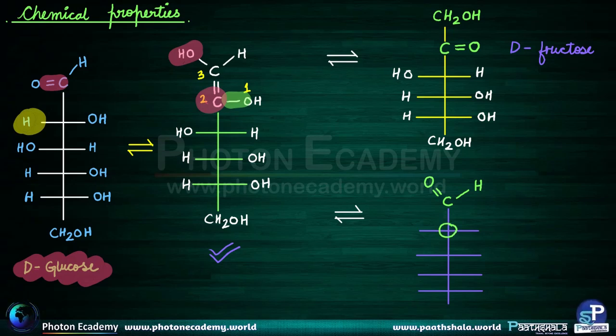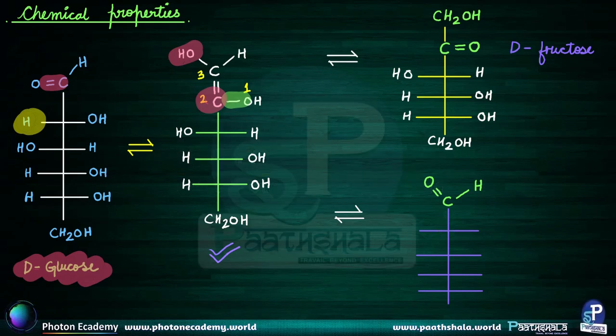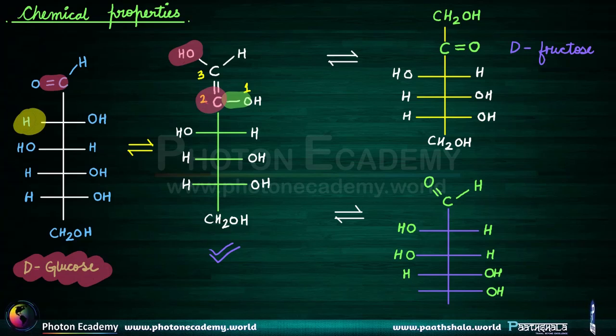We're going to just place the H on the right and the OH on the left, and the rest of the structure looks exactly the same. So now the configuration of only one carbon is differing in this particular structure from what is present in D-glucose.